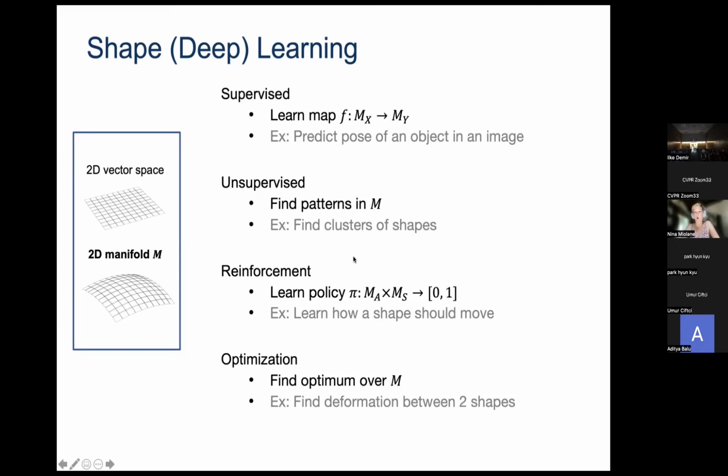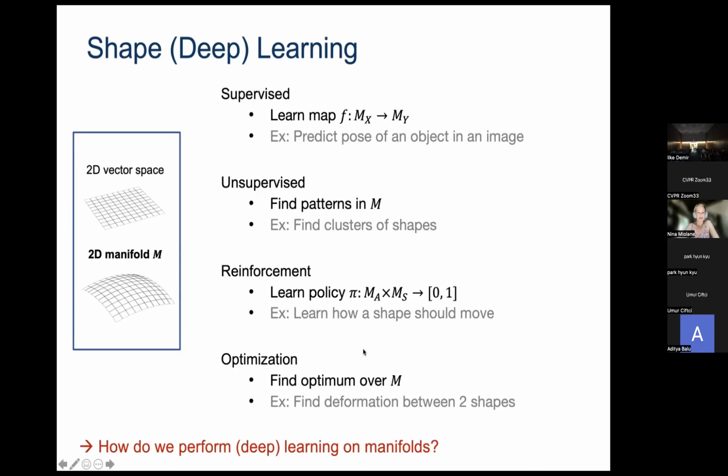So we want to perform optimization on manifolds. The example here, let's say we want to find the optimal deformation that can map one shape onto the other. The deformation is an element of the manifold of deformations, and therefore this would be an example of optimization on manifolds.